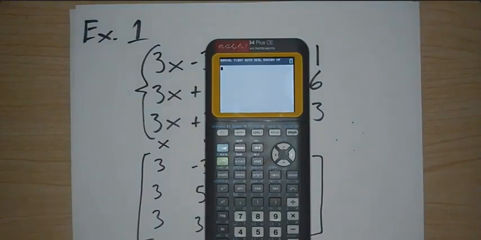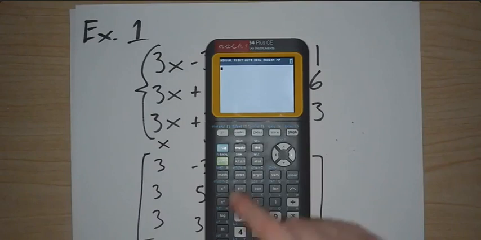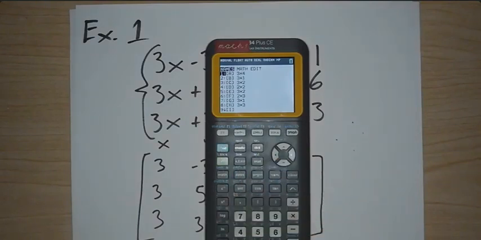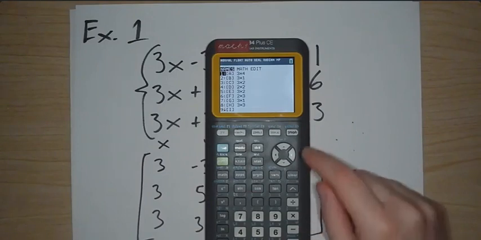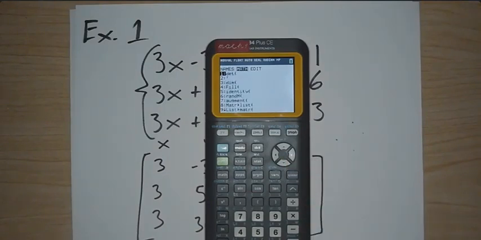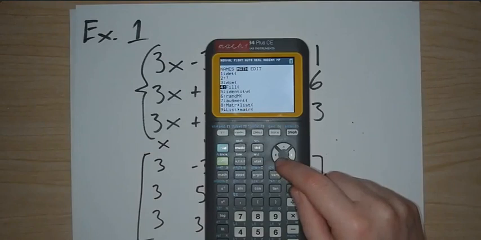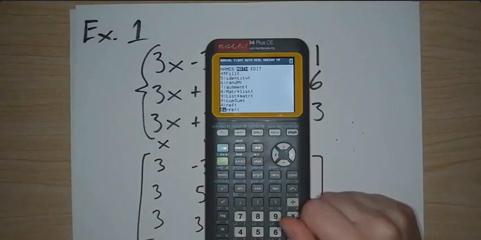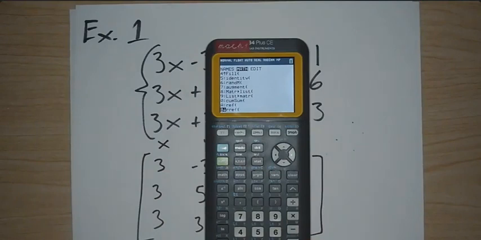Next, we want to simplify this matrix using RREF. To do so, we'll go back to matrix, so second, x to the negative 1. You see this menu again. We go to math and scroll down to RREF, which is B. We press enter, and then we need to input a matrix.